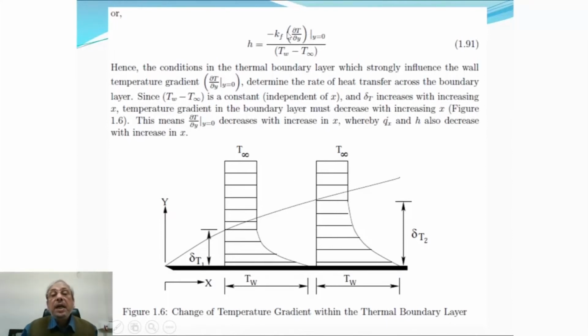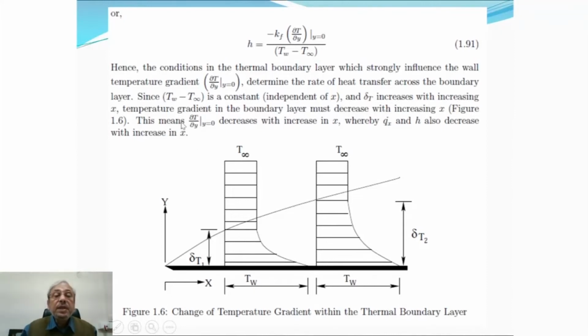Because del T del y, we explained it, thermal boundary layer thickness is increasing in the x direction, which is why the temperature gradient, because gradient is given by Tw minus T infinity divided by delta T. So delta T is increasing, gradient is decreasing, and since gradient is decreasing, h will also decrease, and we will see that heat flux will also decrease in the flow direction.